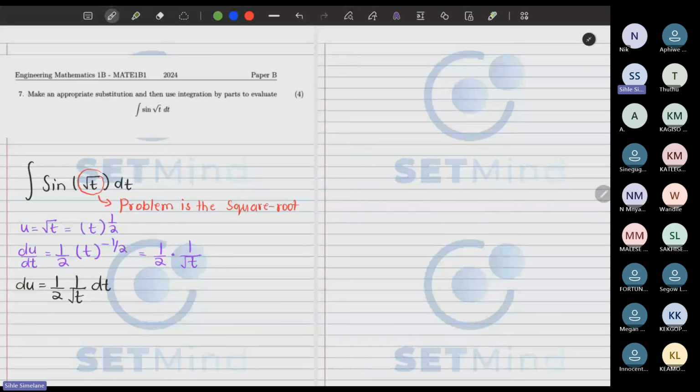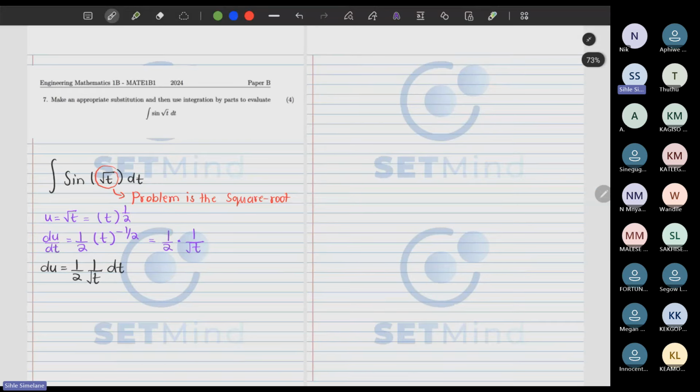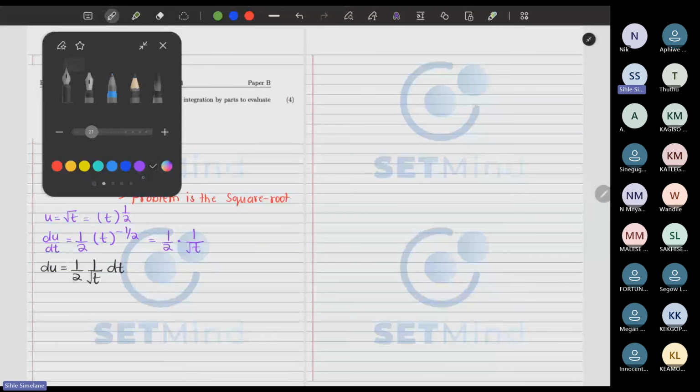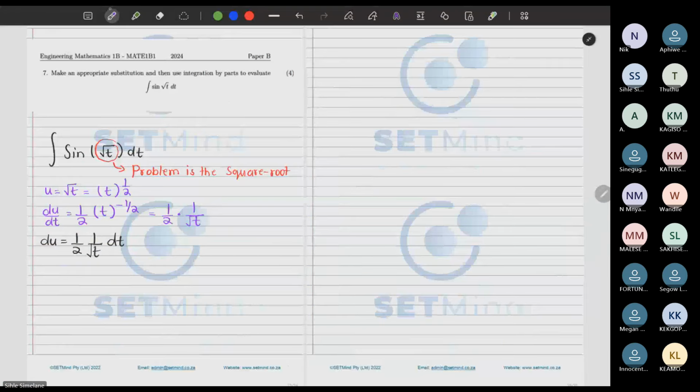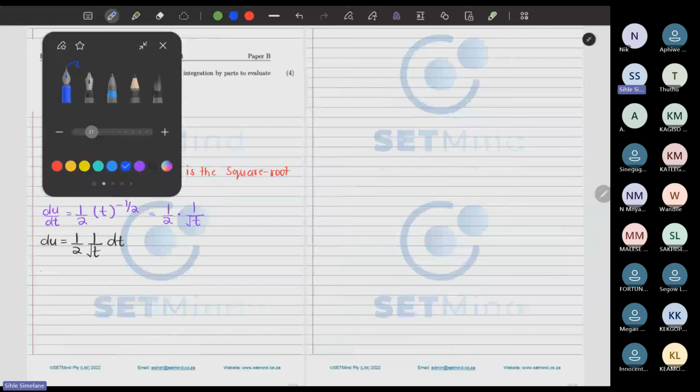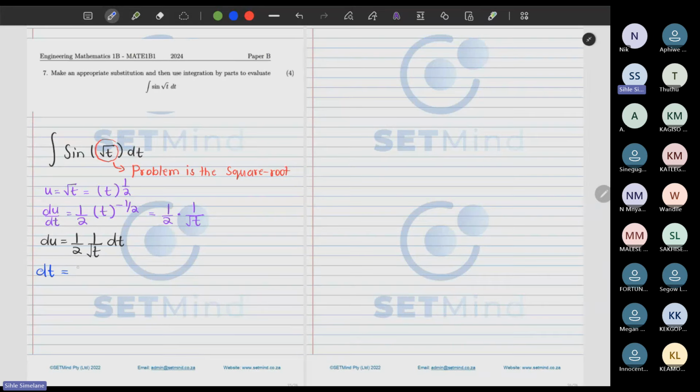dt like that. And what we usually try to do, if you remember, guys, is solve for dt and write it in terms of du. If you observe carefully, your dt will therefore be equal to 2 times the square root of t multiplied by du.